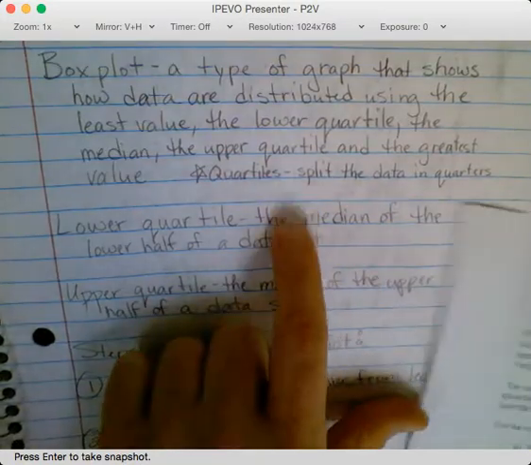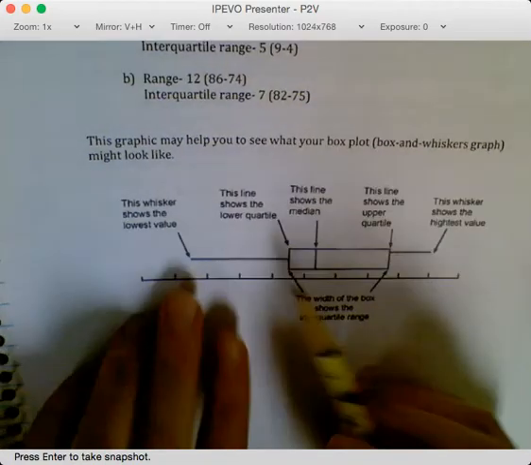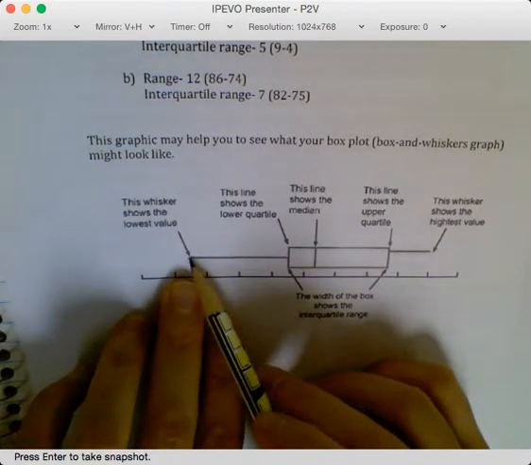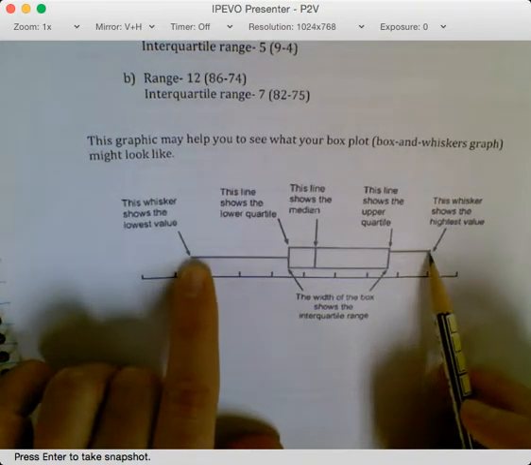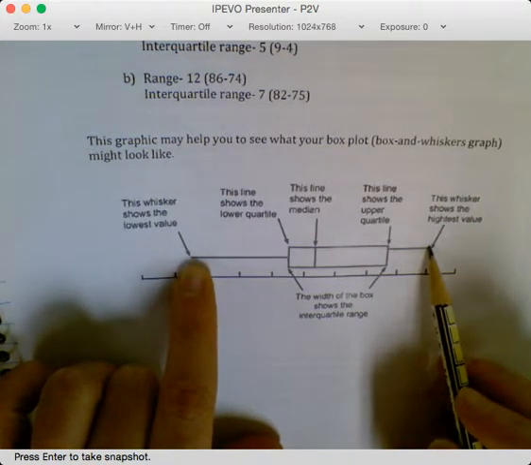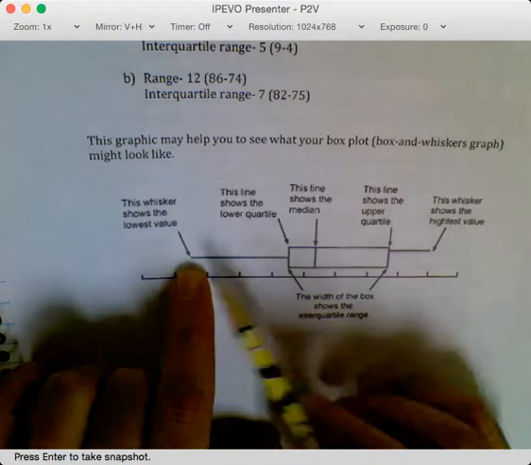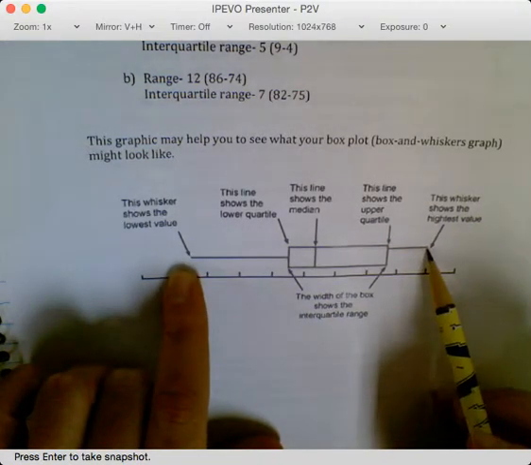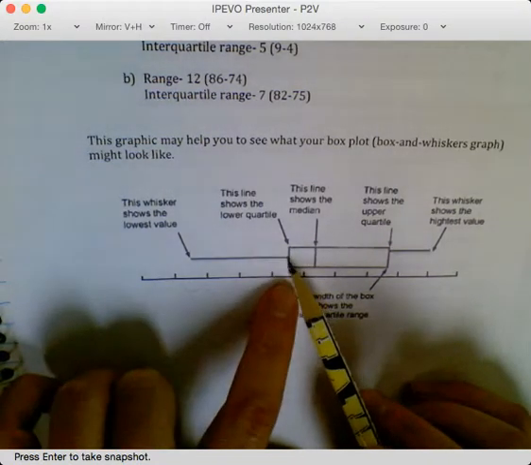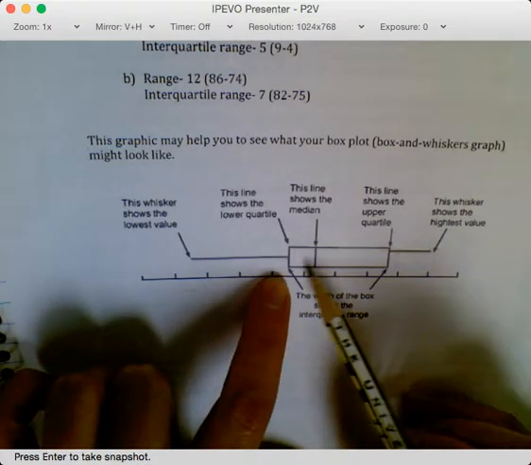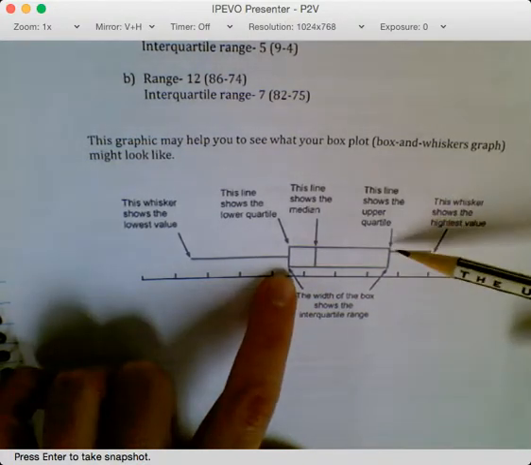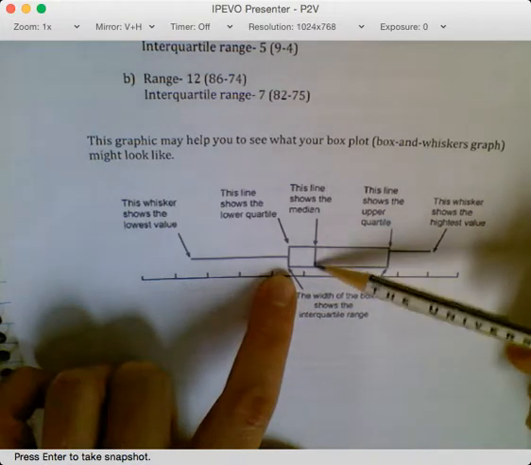And each of the quartiles splits the data into quarters. So the least value and the greatest value are at each end. The lower quartile is here, and this is the upper quartile, and this is the median.